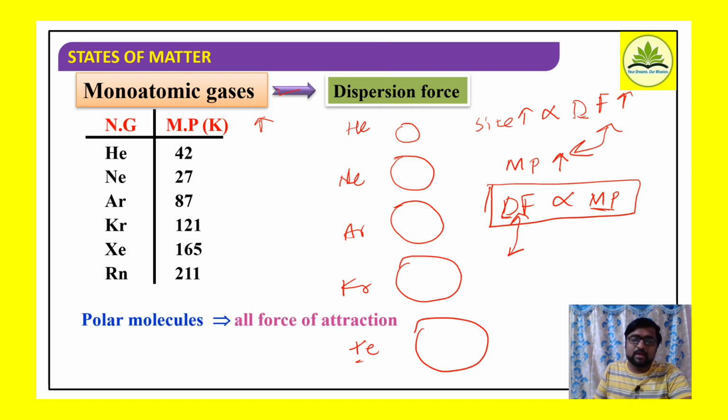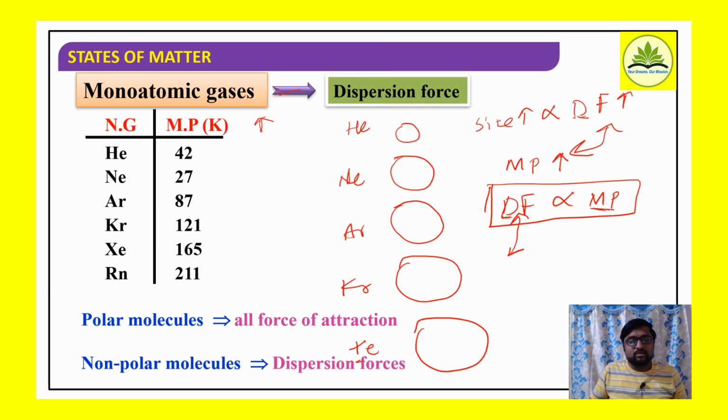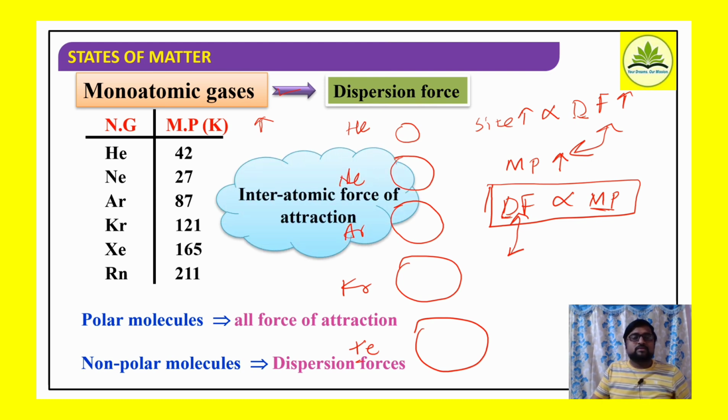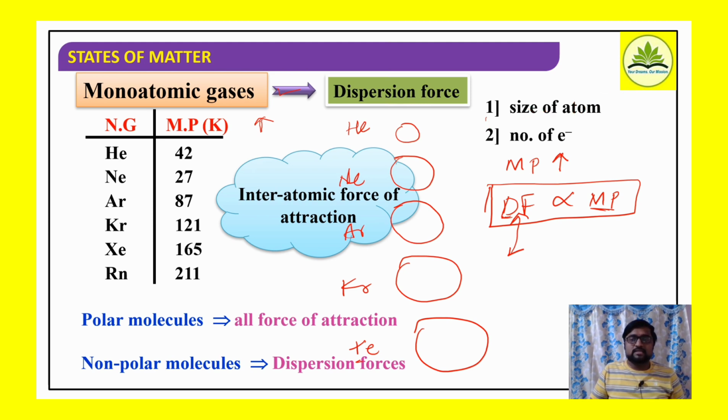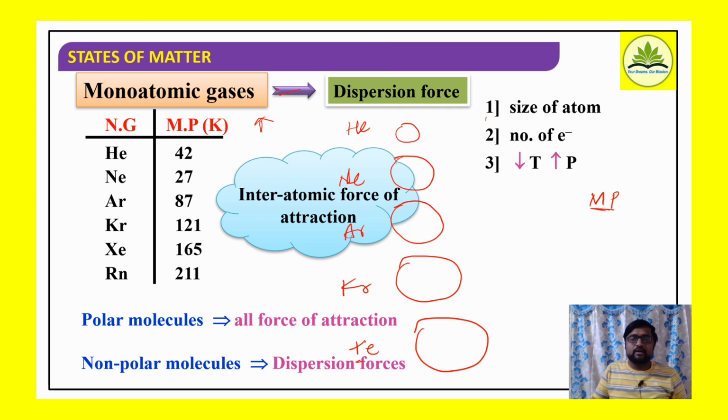Now if I consider polar molecules, any kind of force of attraction exists between the particles, right? It may be dipole-dipole, dipole-induced dipole, or ion-dipole interactions. On the other hand, if I consider non-polar molecules, what type of forces exist here? Dispersion forces or London forces. So here the interatomic force of attraction depends on three factors: one is the size of the atom, second is the number of electrons, and third is low temperature and high pressure.